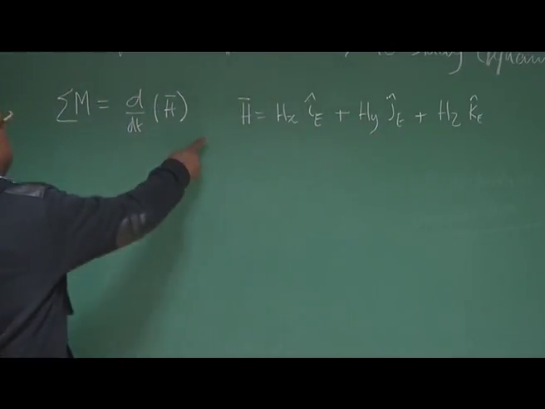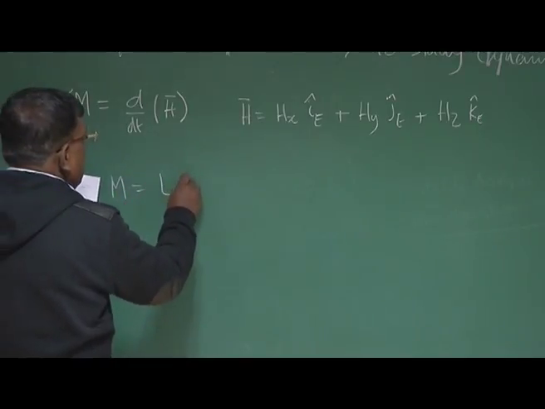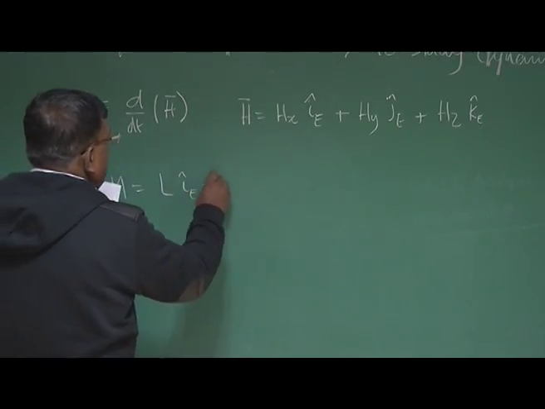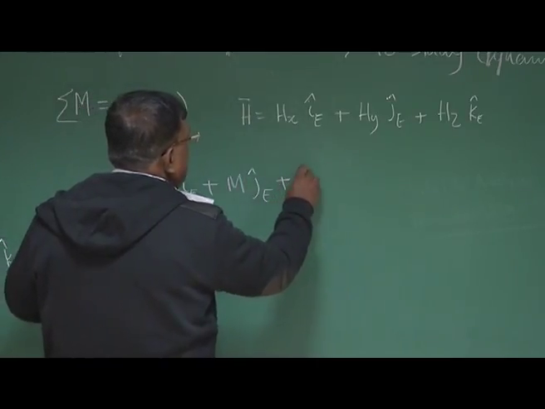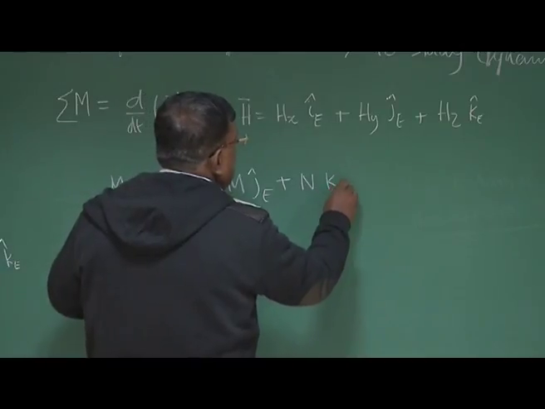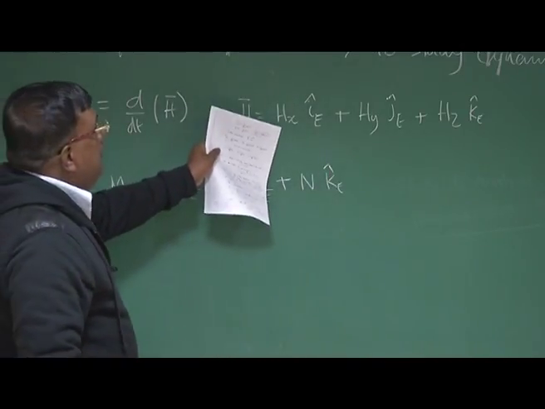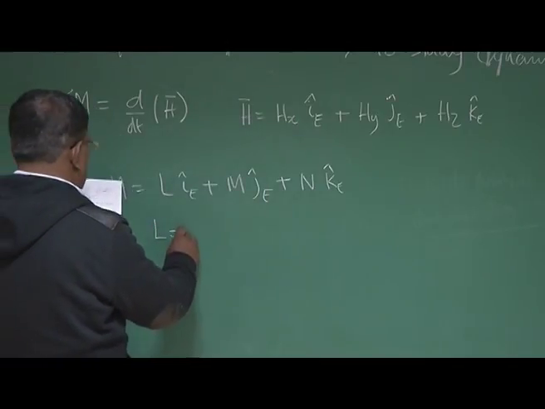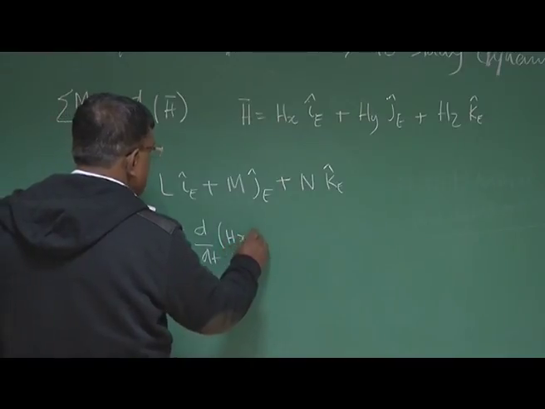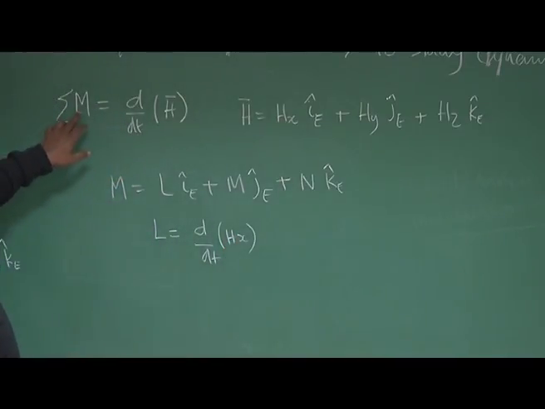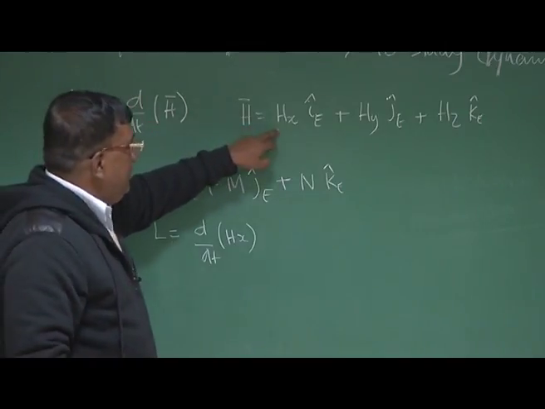If I put this here, I can write M as L IE plus M JE plus N KE. So what is L? L is nothing but d by dt of Hx. This is clear? M is d by dt of h, so d by dt of this vector.